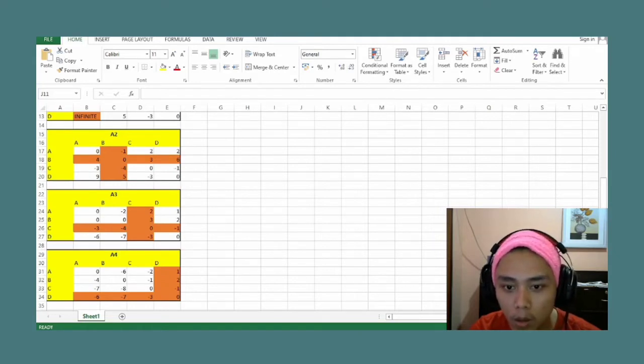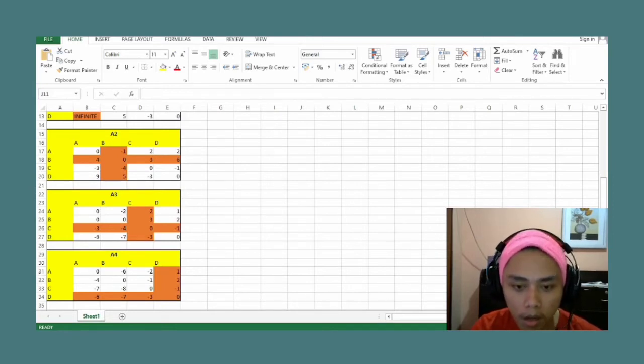B to A is equal to 0, which will replace the previous number 4. C to D is equal to 2, which will replace the previous number 6. D to A is equal to -6, which will replace the previous number 9. And D to B is equal to -7, which will replace the previous number 5.